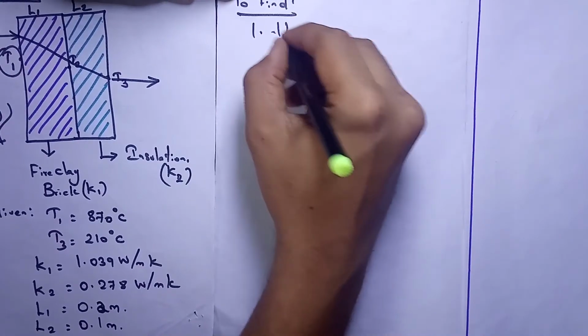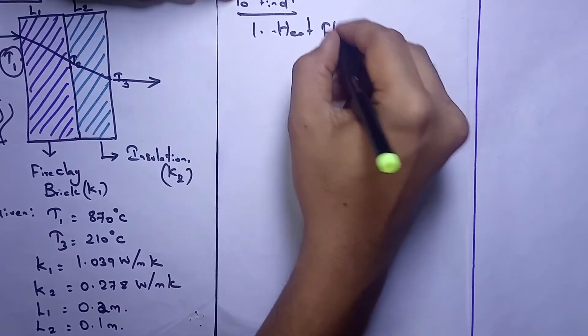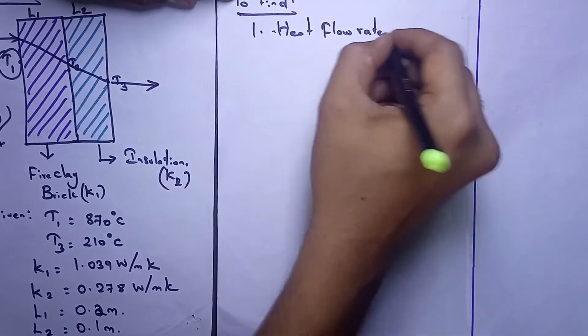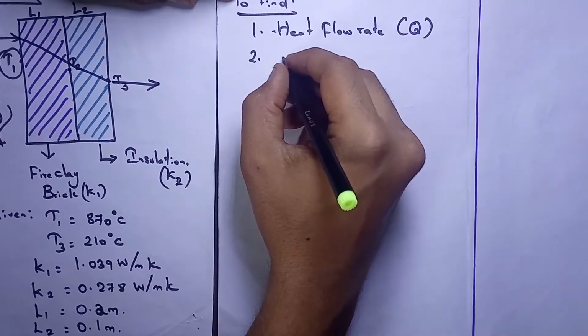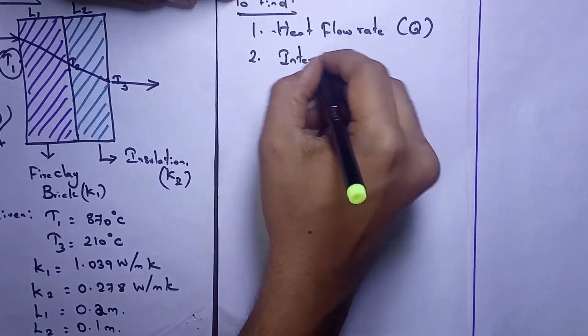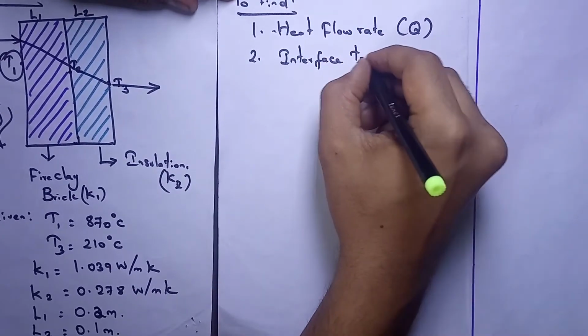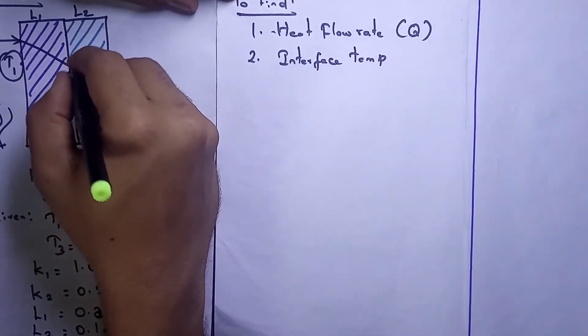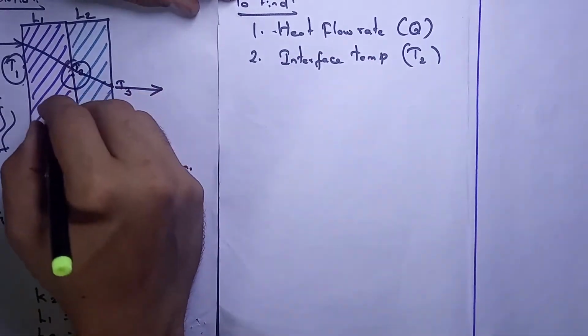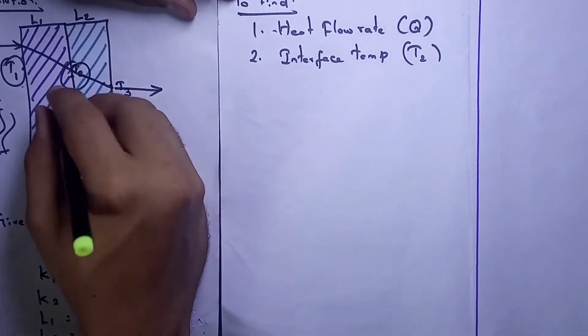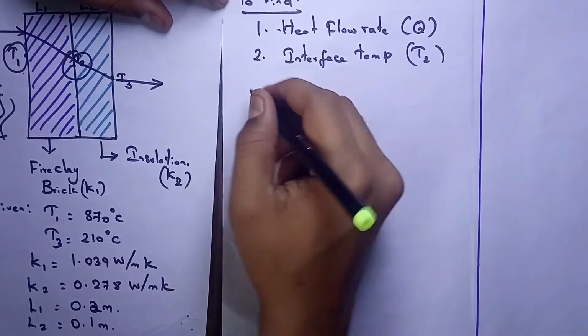The first one is the heat flow rate, that is the Q value. The second one is the interface temperature, that is between T1 and T3. This is between the two walls, the fire clay brick and the insulation brick, the middle one. This temperature you have to find.